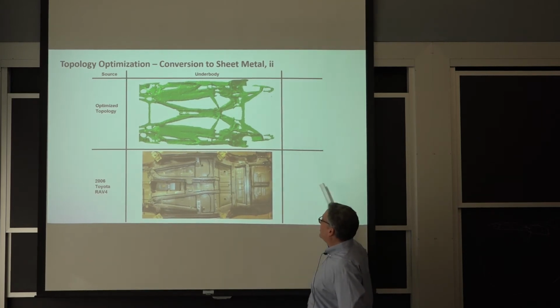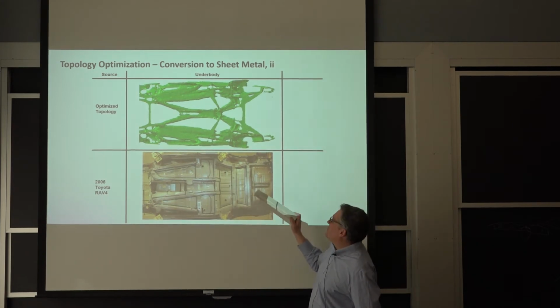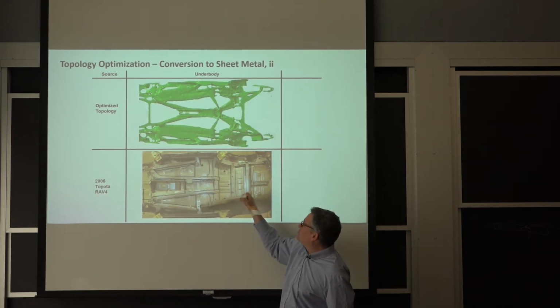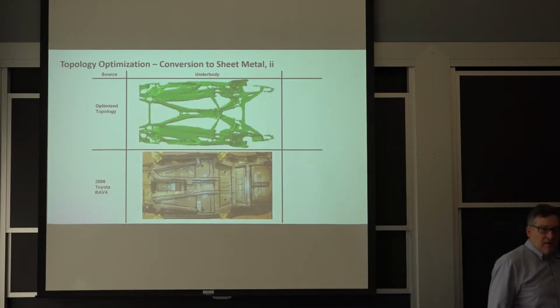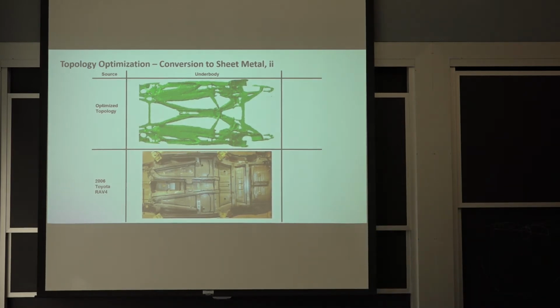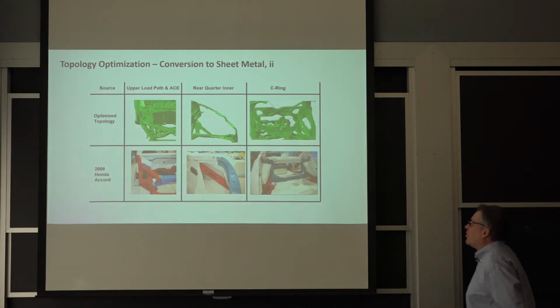So this is the back of the car. You guys see where this is? Okay. So if you see where this is, you can start to see how these structures actually line up very nicely, that you begin to see a lot of the structure being translated from a topology optimization result to a real car. Again, this was proof that Toyota had been at this long before Chrysler had. Here's a Honda Accord.